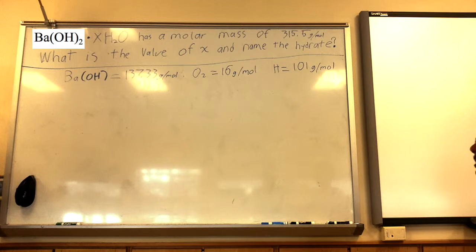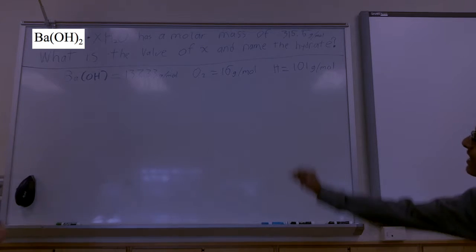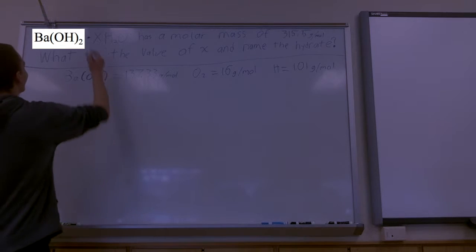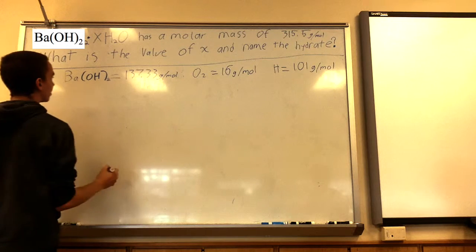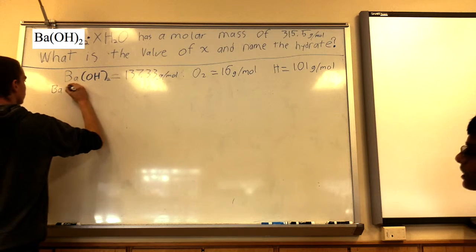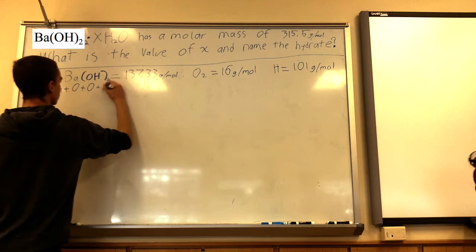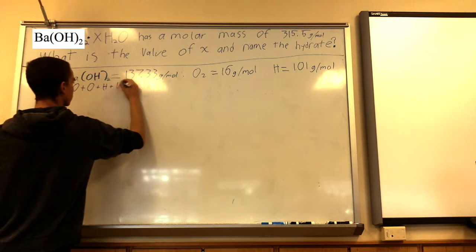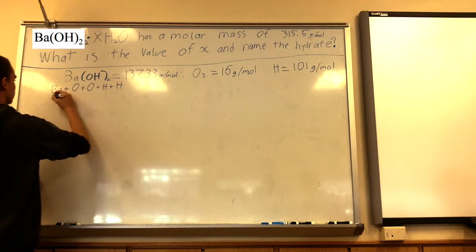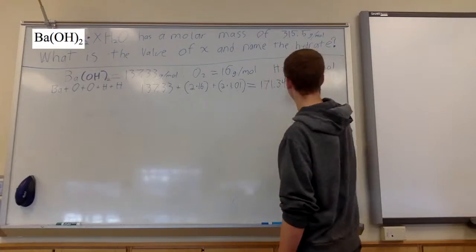So when you add that all together, you get... Jacob, you copied this down wrong. Now we can figure out the molar mass of the barium hydroxide. So it'll be 137.33 plus 2 times 16 plus 2 times 1.01. So same thing as what Jacob wrote.